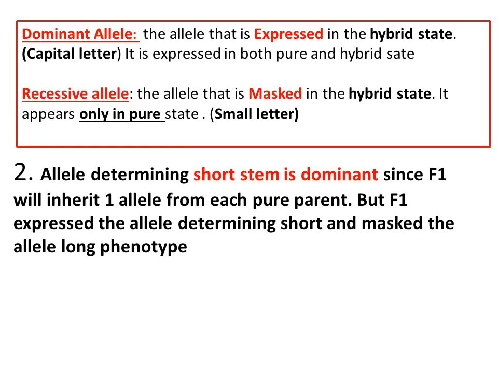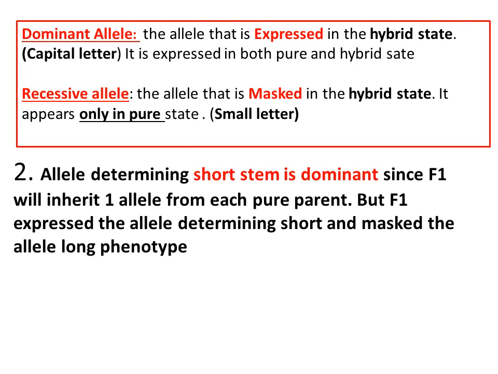So on their homologous chromosomes, they have one allele S and one allele L, but they were all short. This means short was expressed and L was masked. So L is recessive.